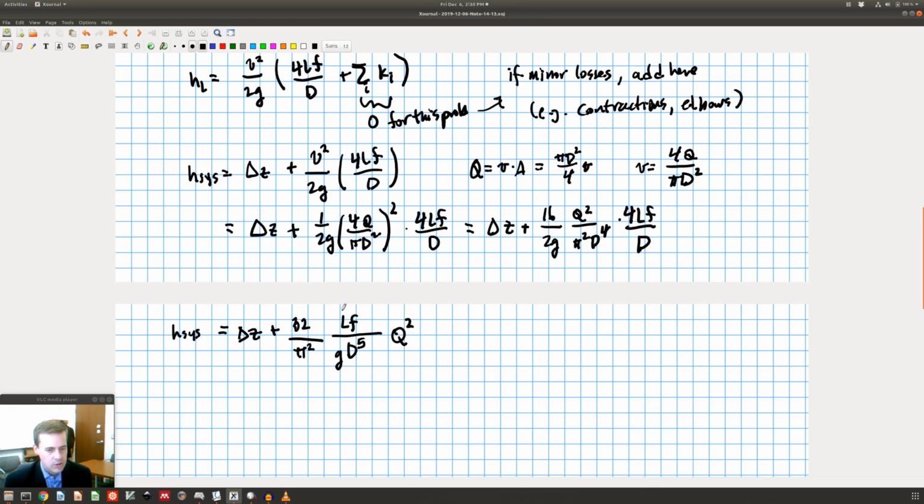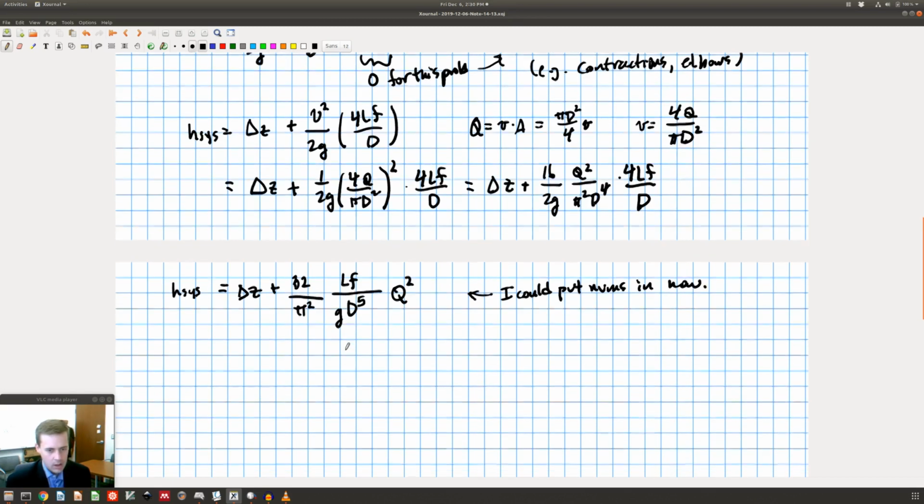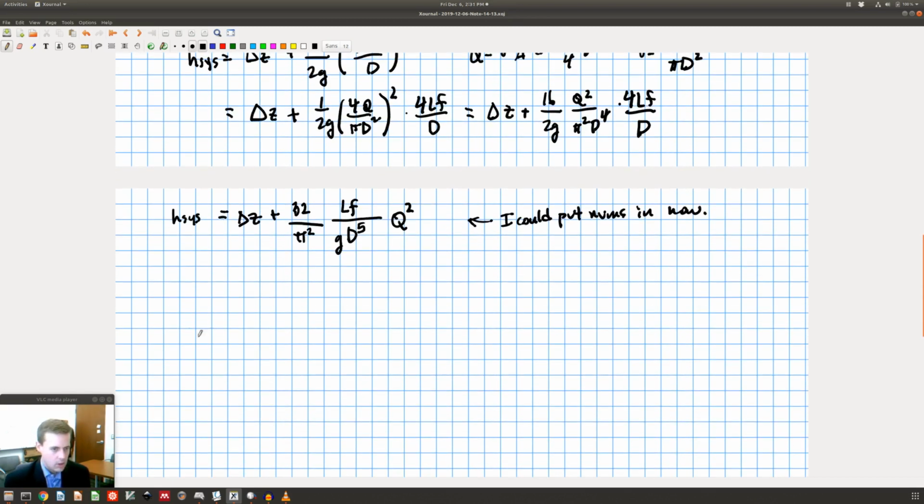I could plug numbers in at this point, but I'm not going to. If I wanted to calculate what that is, I think it's a little nicer to work it all out. All right, so now I have to equate my system demand curve to my pump curve. So look at that.